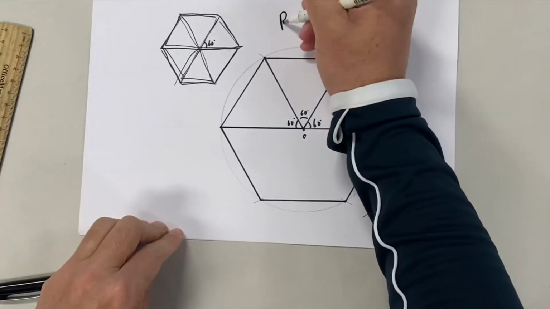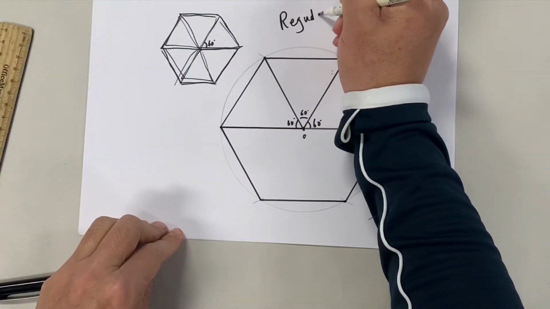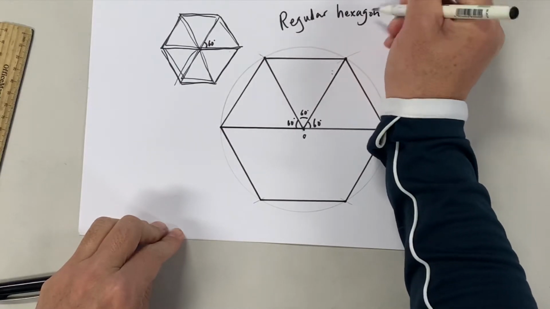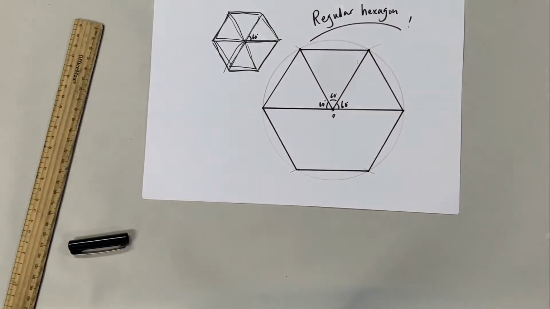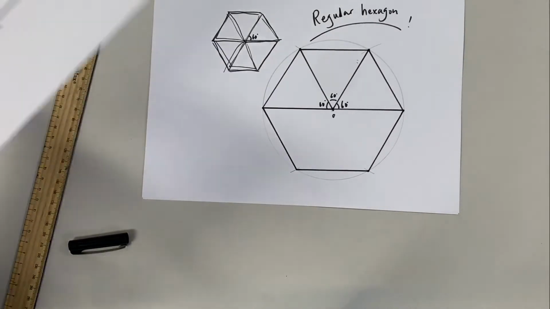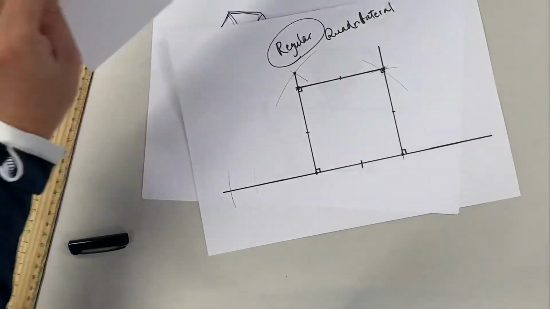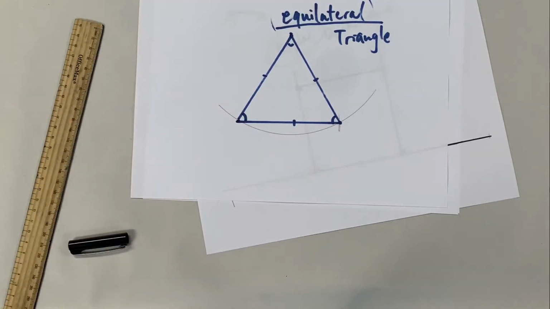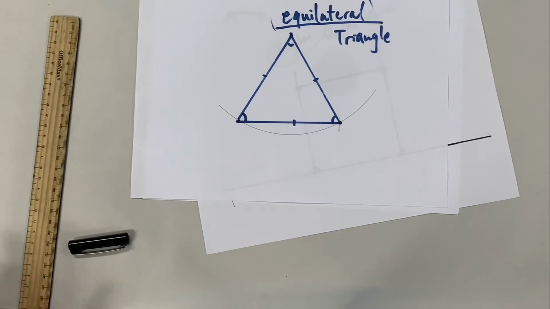This is a regular hexagon. Now, I'm going to give you a bit of time to draw a regular hexagon or regular quadrilateral or an equilateral triangle. Let's quickly pause the video.